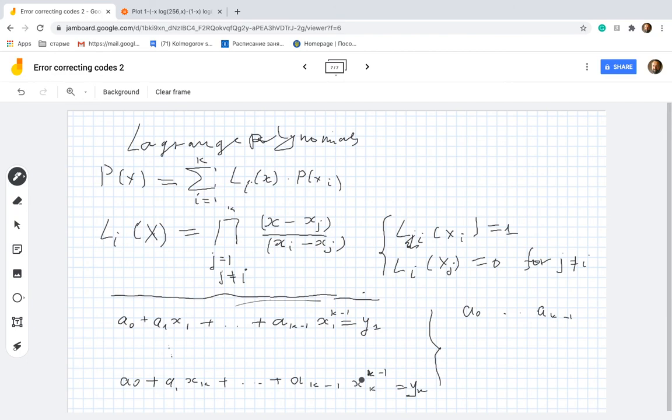Here we assume that the field operations are easy for us, so somehow our field is represented to us, so we can perform multiplication, division, addition, and subtraction efficiently. And this second way to recover the coefficients of a polynomial from its values will be used when we decode from errors.